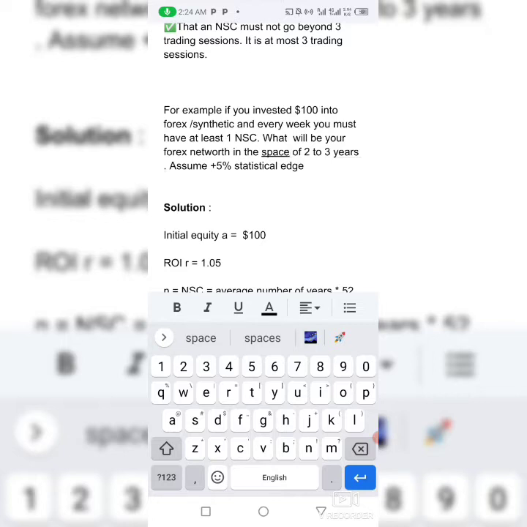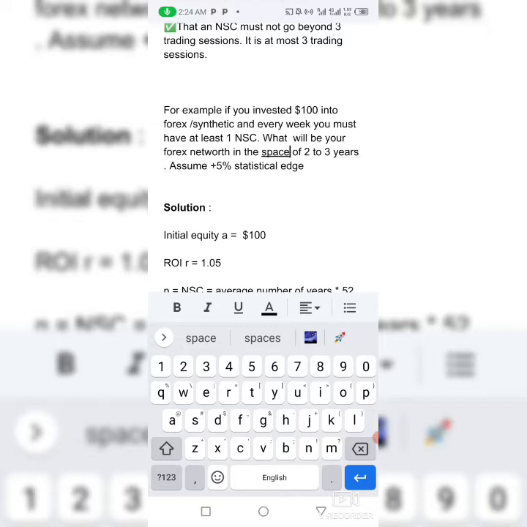This is the casino model. Why people lose in casino after they play for a period of time is because the casino has a 5% statistical edge over them. I use the casino statistical edge of 5% to make sure that everybody believes in this content.